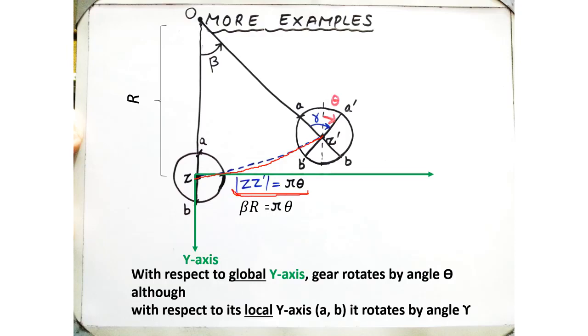Now we introduce the other way to calculate this arc length, that is realizing that this distance OZ is the same as OZ prime, because Z and Z prime are connected by an arc as part of the circle. So the important thing from the kinematic analysis of this problem is that as the planet gear A rolls around the sun gear, its path is part of a segment of a circle, that is the arc.